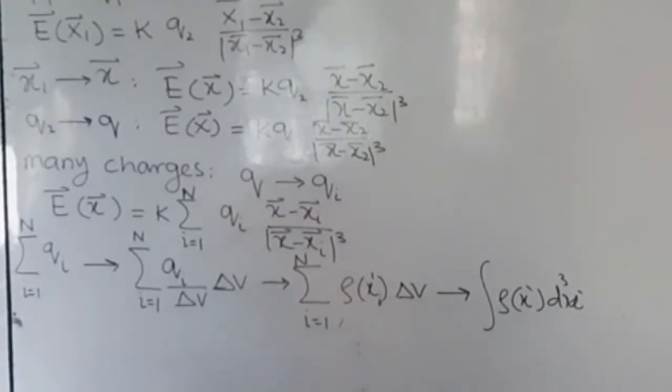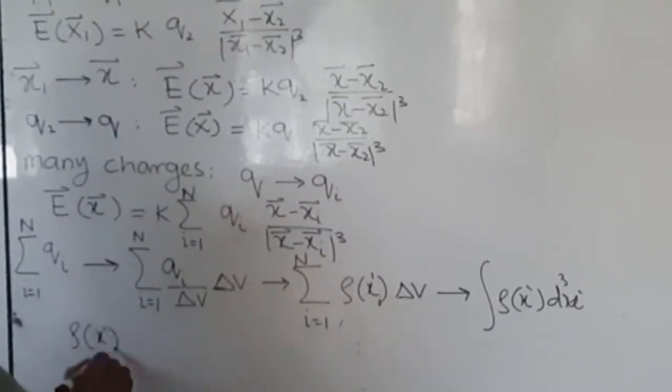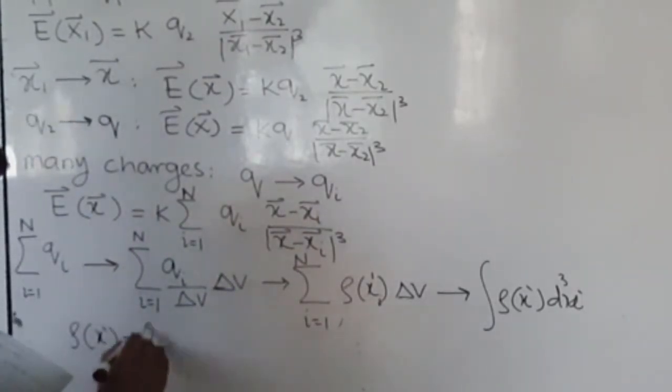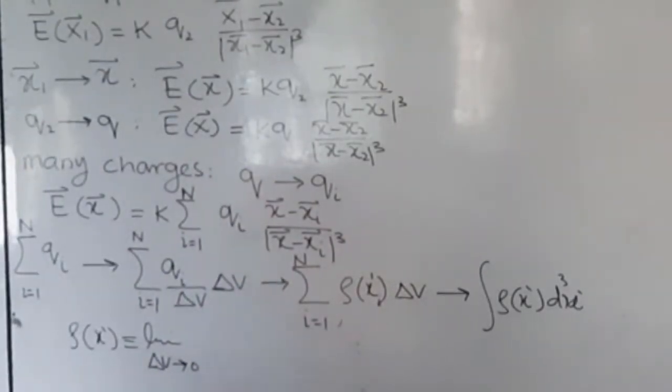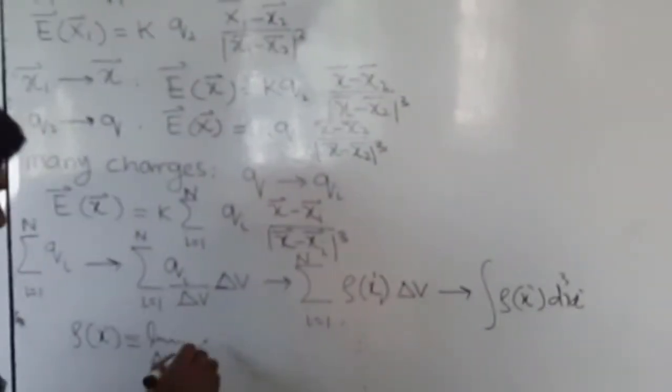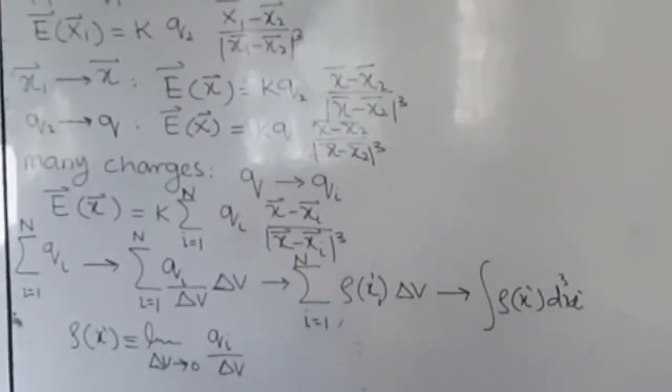If I want to follow the notation, then rho is defined such that rho of x prime is equal to the limit where the volume should be infinitesimally small, because I know a point is a very small thing. So this del V should go to 0 in Qi divided by del V. So for continuous charge distribution, I will have this expression.